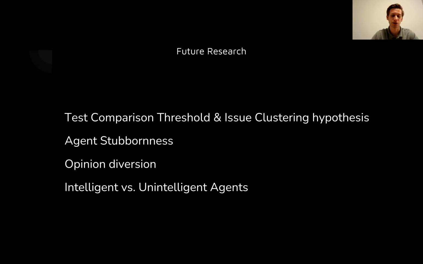And then last, we wanted to get into intelligent versus unintelligent agents, in the sense that intelligent agents would be less likely to change their opinion and have a more nuanced opinion, rather than unintelligent agents, which would just flip their opinion more easily.